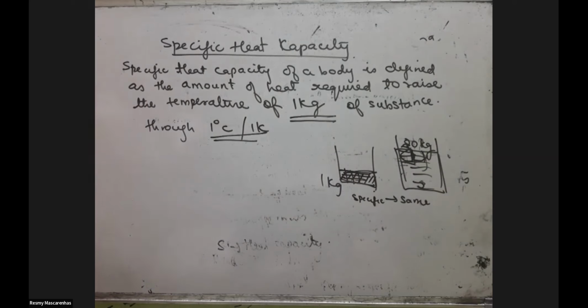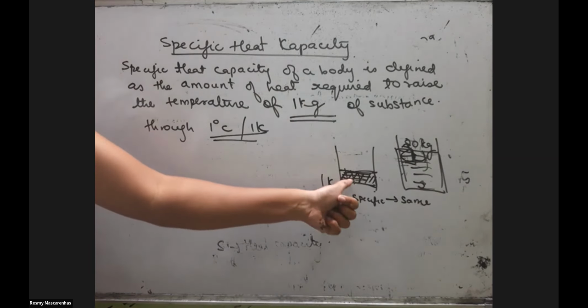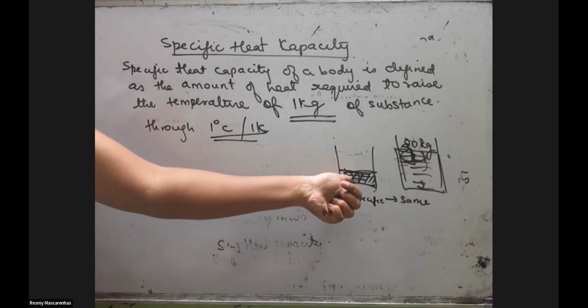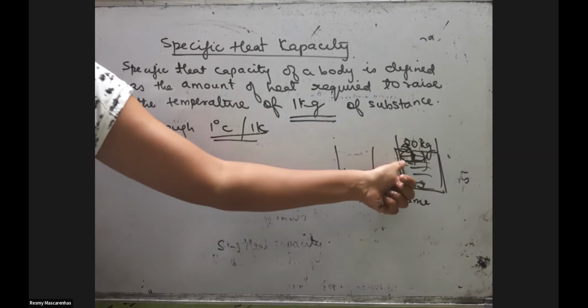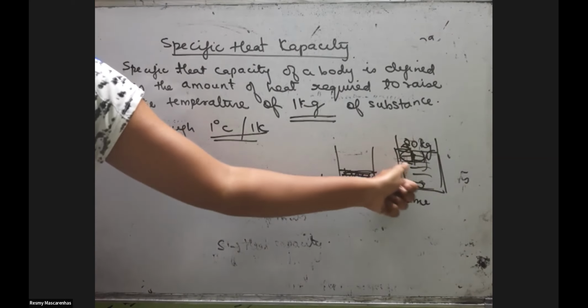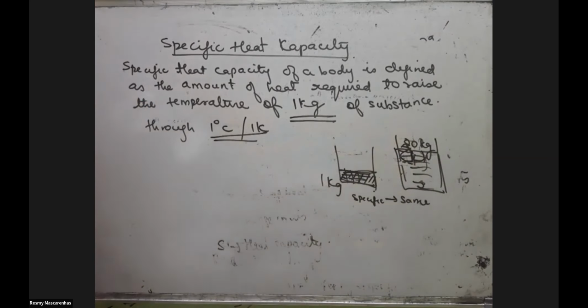So we talk in terms of kgs for specific heat, and it will remain the same. If I want 1 joule to raise the temperature of this small 1 kg block by 1 degree, I will need 1 joule to heat it up.